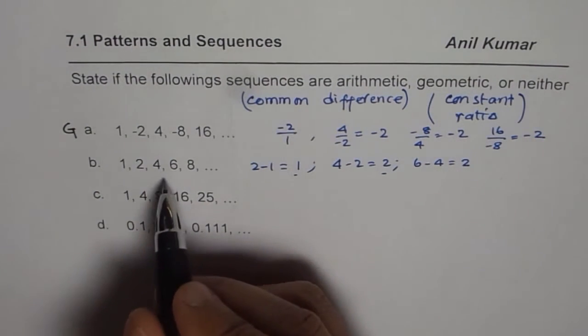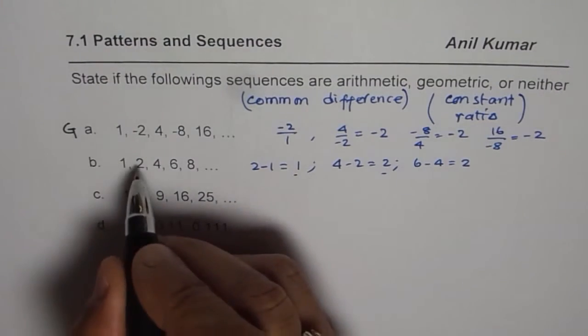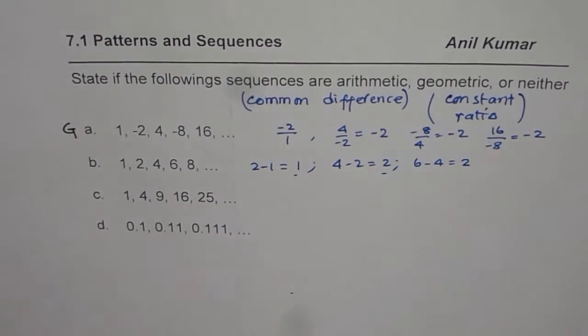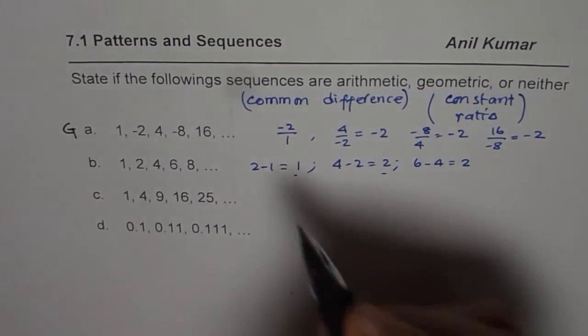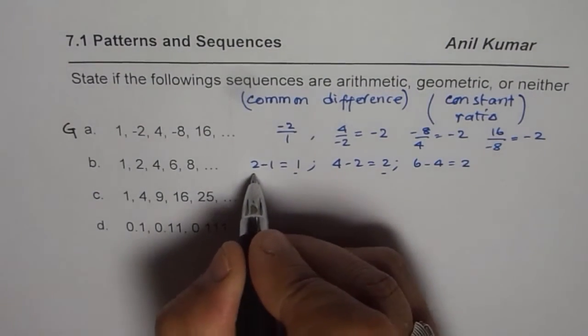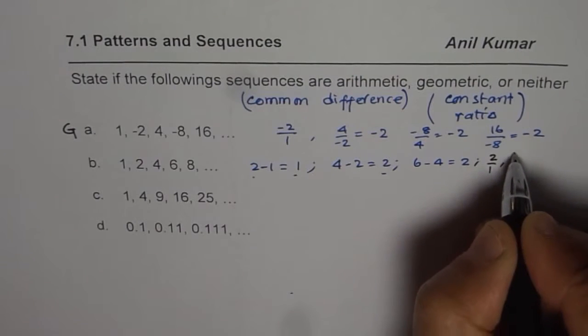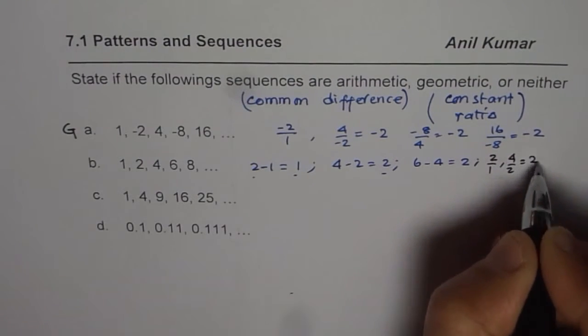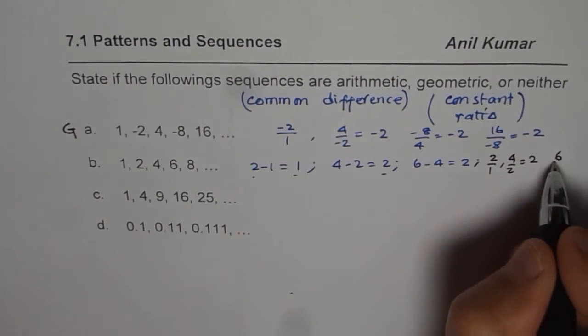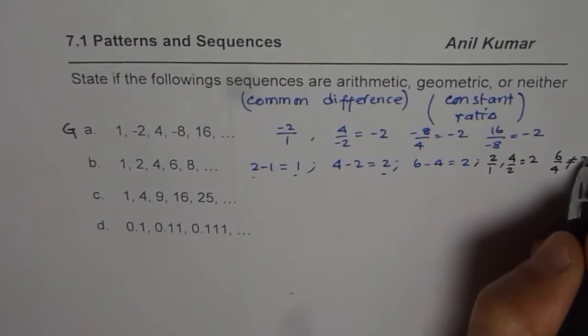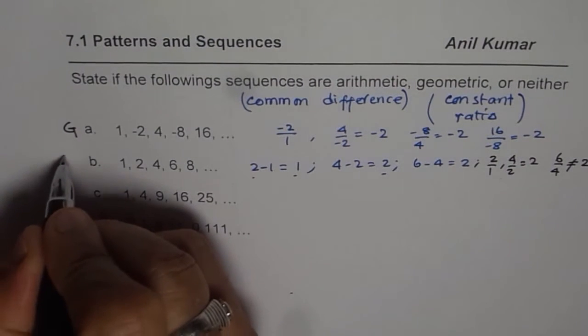Now let's try the multiples. We can write 2 over 1 is 2, and then we have 4 over 2, which is 2, then 6 over 4 is not equal to 2. So therefore it is neither.